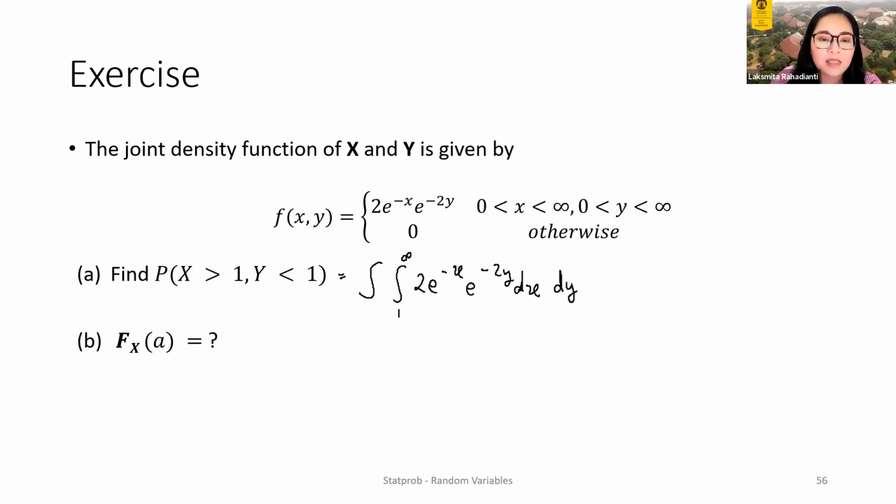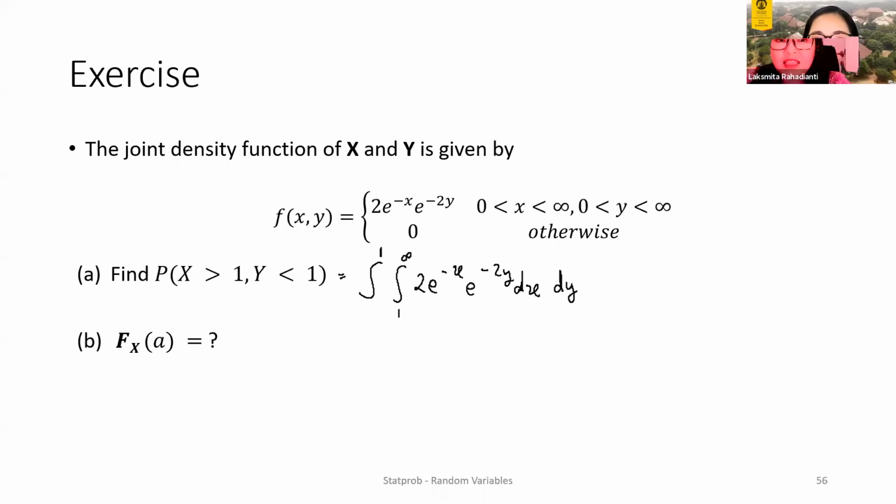That means my limits are Y less than 1. That means my top is 1. And my bottom limit is theoretically negative infinity because I have Y less than 1 and I don't have a bottom limit.